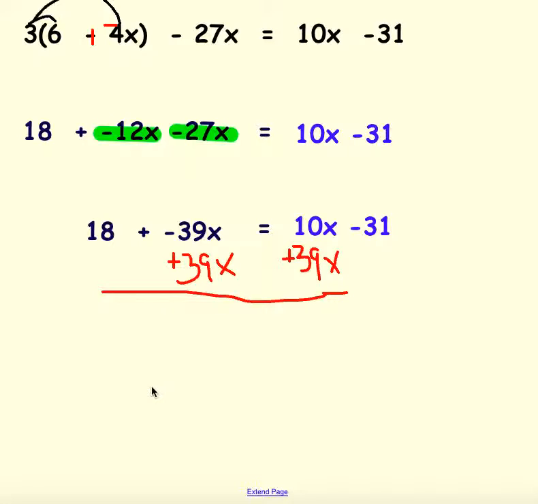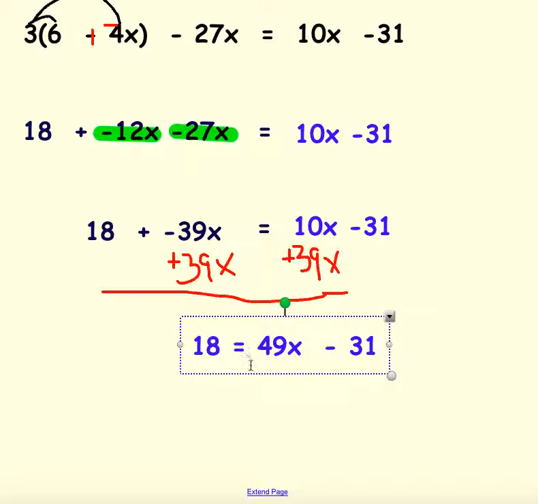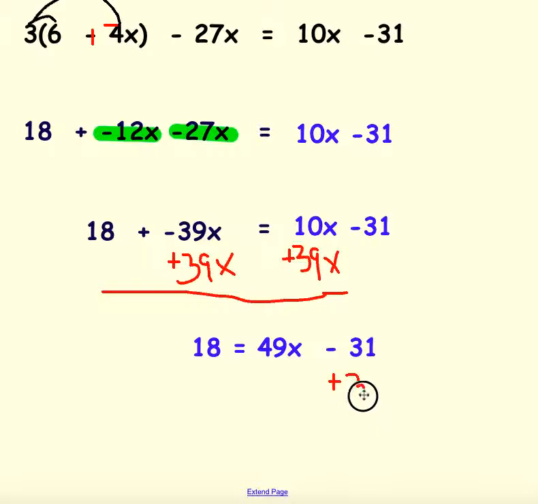So the 39s cancel out, and I'm going to be left with 18. And then it's going to be equal to, I believe, 49x minus 31. And at this point, it should become second nature to us what to do. We are going to add 31 to both sides.